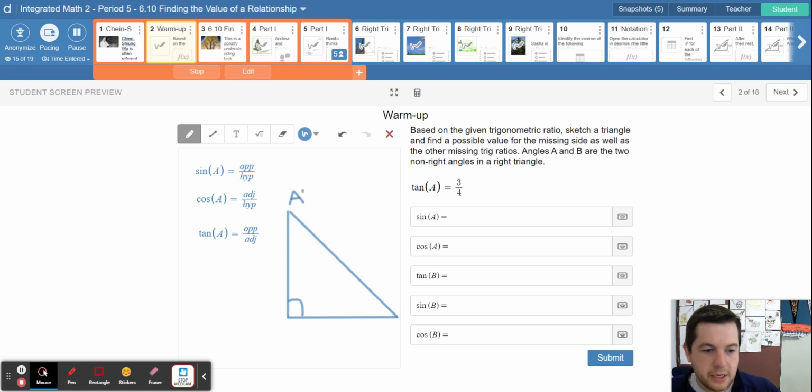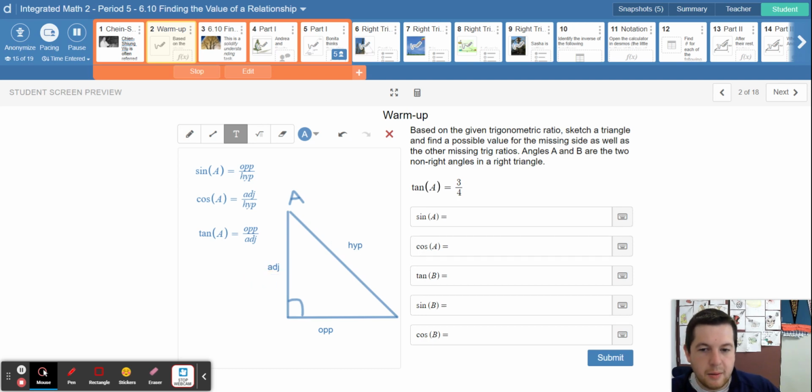So now with our reference angle A, I can label my side lengths: my opposite, adjacent, and hypotenuse. My longest side, the one opposite the 90, will always be my hypotenuse. The side length that is not touching the angle A is the opposite. And the other side length that's touching the angle is my adjacent.